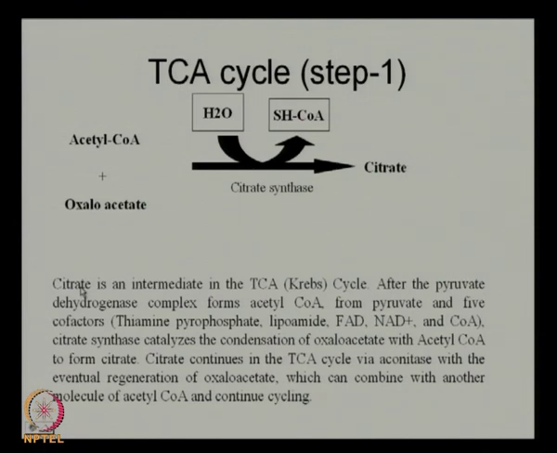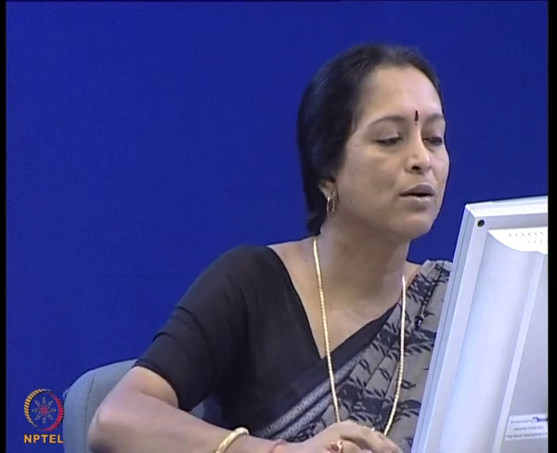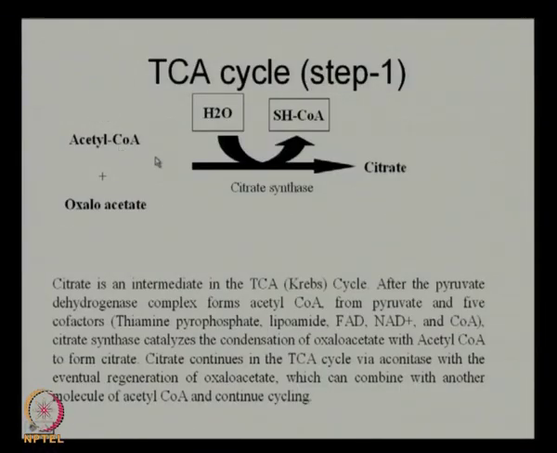Now, coming to the actual steps. Acetyl-CoA is formed and enters the mitochondria, where oxaloacetate is present. Inside the mitochondria, a condensation reaction takes place in the presence of the enzyme citrate synthase, combining two different molecules, one 2-carbon and one 4-carbon, resulting in the formation of citric acid.